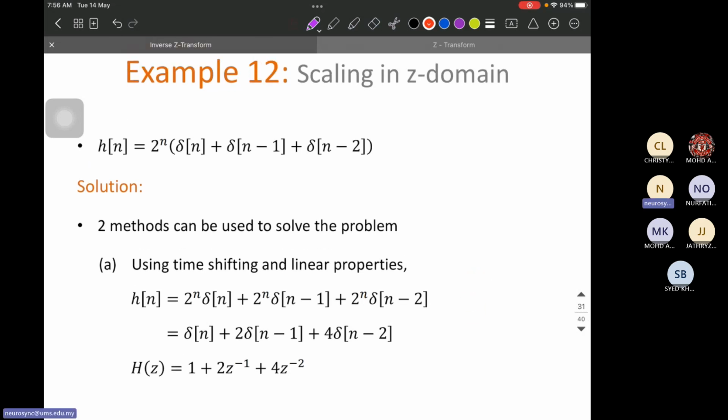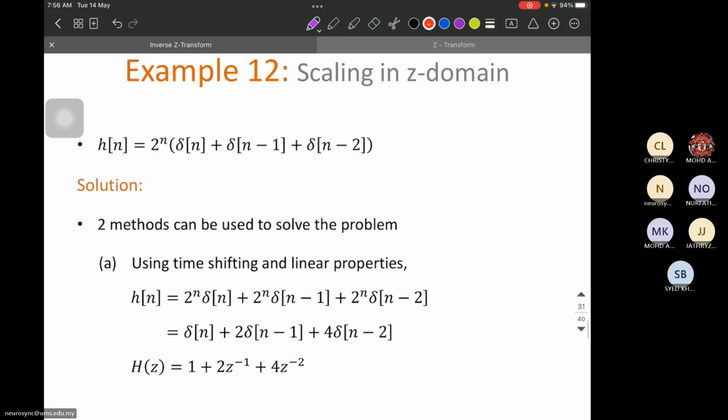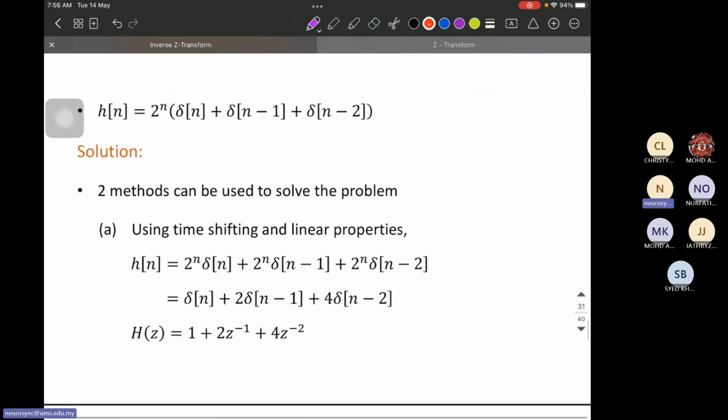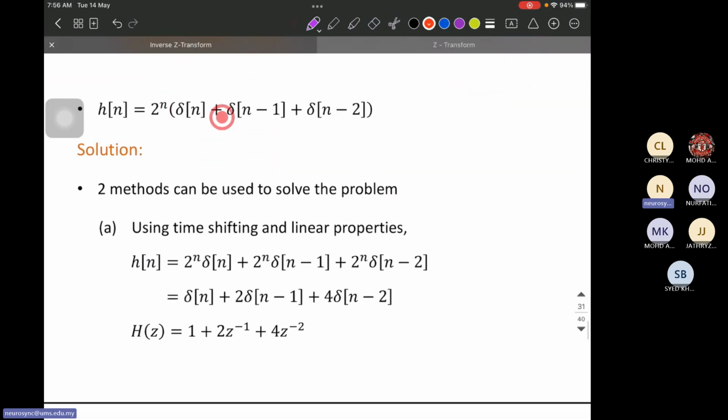Now, scaling in the Z domain. In this example, h of n is 2 to the power n times delta n plus delta n minus 1 plus delta n minus 2, an addition of these. 2 to the power n is multiplied to all of this. There are two methods to solve this example.